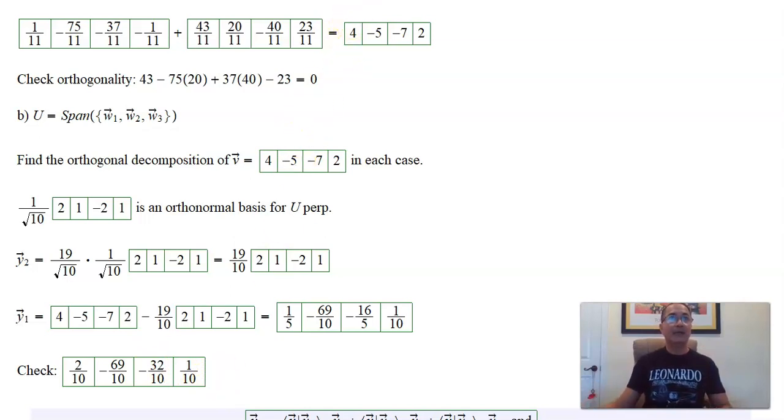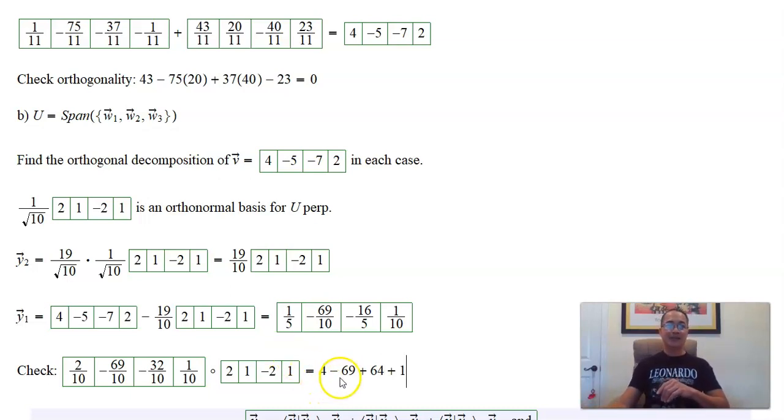So now, when you take the dot product with the first vector, do we need the 19 over 10? Not really. It's just a scalar, movable. So now what do you get? 4 minus 69 plus 32 times 2, 64. Plus 1. Negative 69 plus 64, negative 5 plus 4 plus 1, that gives you 0.